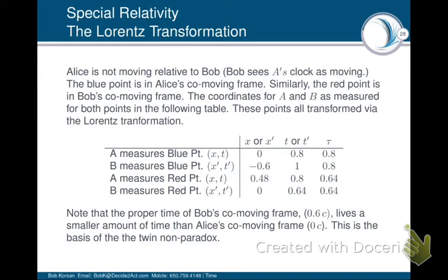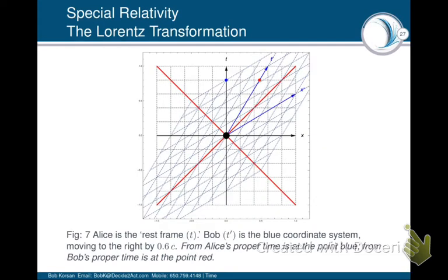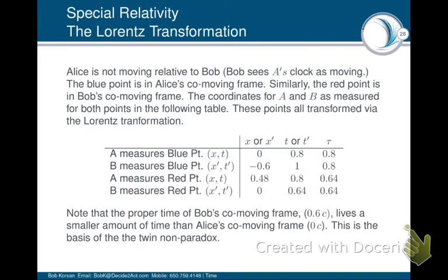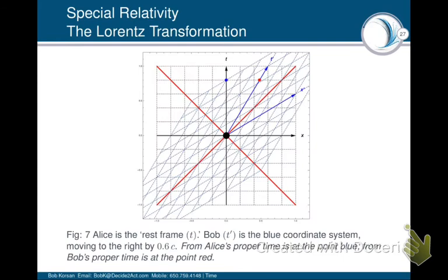Here we're saying that Alice is not moving relative to Bob. Bob sees Alice's clock as moving. The blue point is Alice's co-moving proper time, and the red point is Bob's co-moving relative time, because that is right on the time axis of Bob.